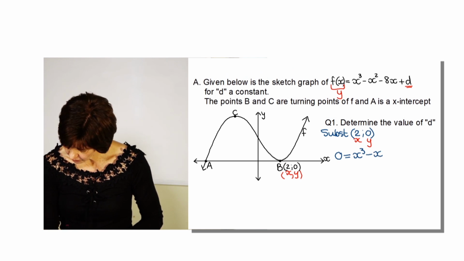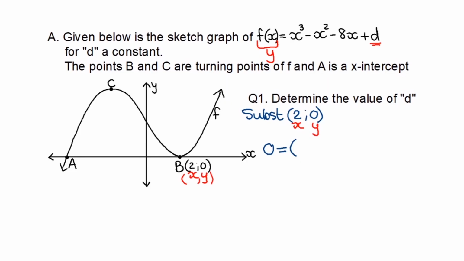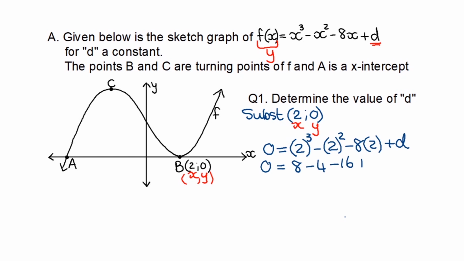Oh, sorry, I forgot to replace the x value. The x value is 2, so I replace every x by 2, and then the only unknown I've got is d. In other words, 0 will be 8 minus 4 minus 16 plus d.